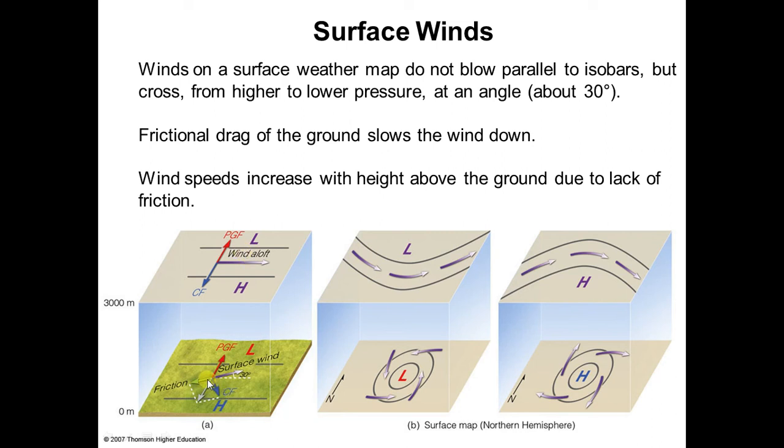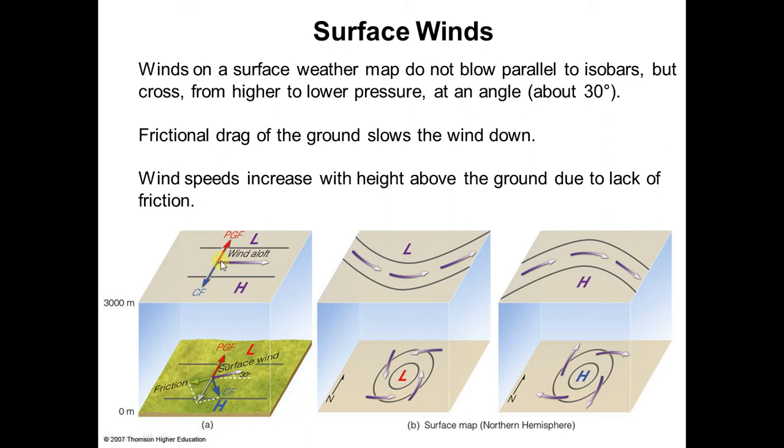And you can work out the diagrams to show you that eventually here, if you don't have friction, and then you start to incorporate friction as the wind begins to blow, it slows the wind down, and a slowing of the wind does what to the Coriolis force magnitude? Slower the wind, weaker the Coriolis force. Now the Coriolis force would be less than the pressure gradient force, but in the opposite direction, and less magnitude, so it would be shorter.